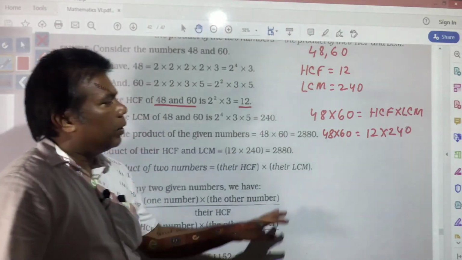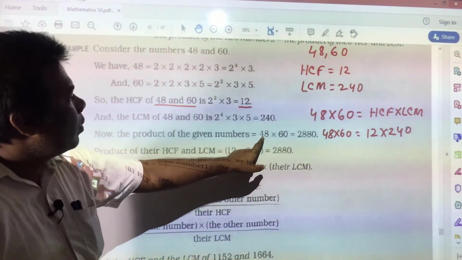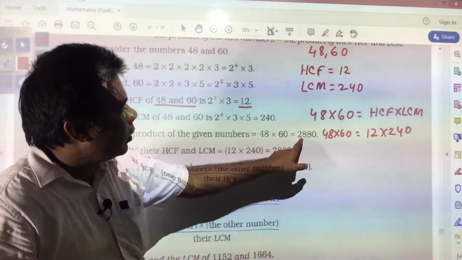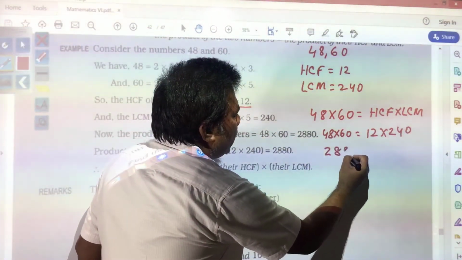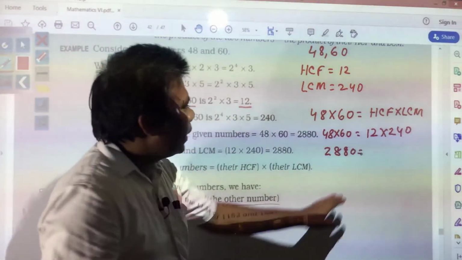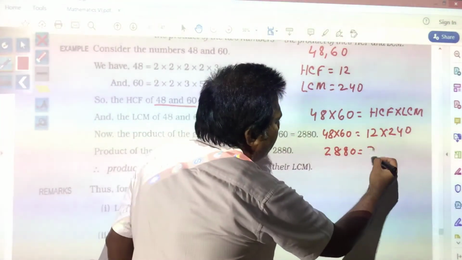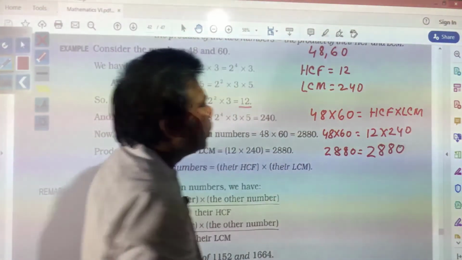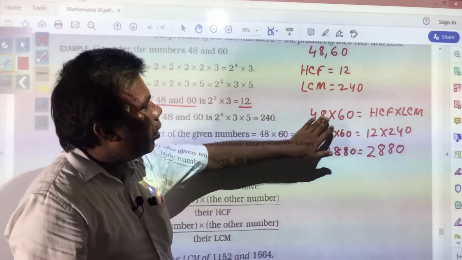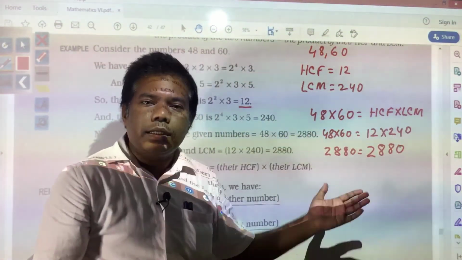Just multiply this and check whether it is equal or not. 48 and 60, if you multiply, you get 2880, and the same thing if you multiply 12 into 240, you get the same number, 2880. So, the product of the given numbers is equal to the product of HCF and LCM.